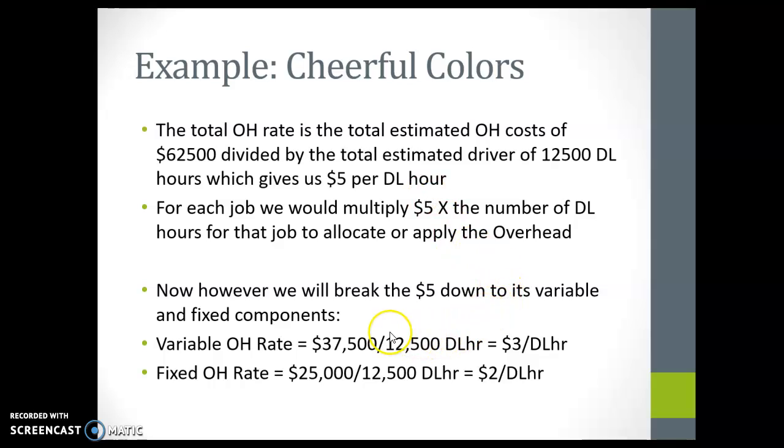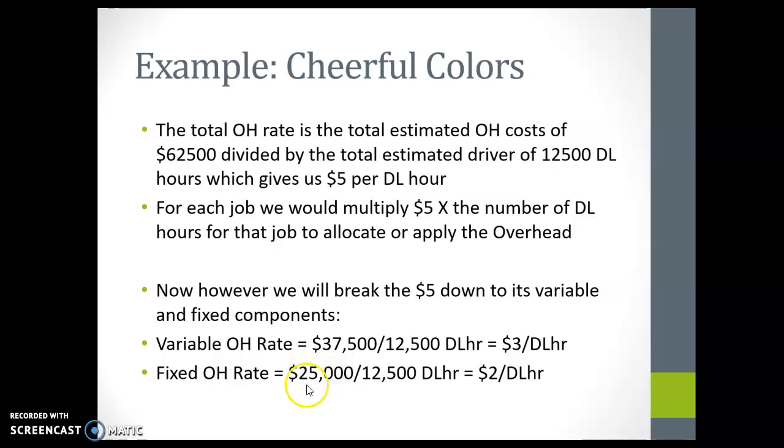Then we looked at how we break that down to variable and fixed components. Instead of the total estimated overhead costs, we take the total variable overhead costs we think we're going to have for next year divided by the total cost driver, and that gave us $3 per direct labor hour.